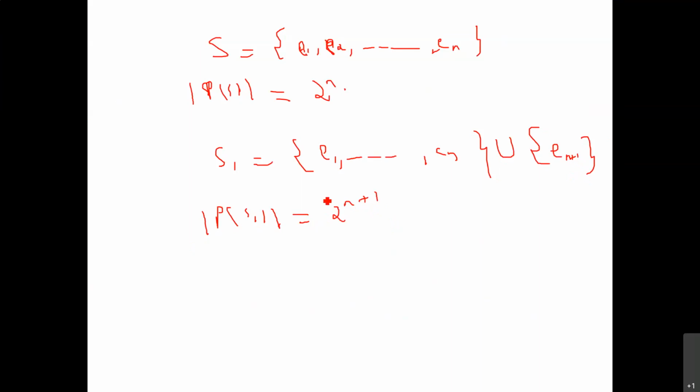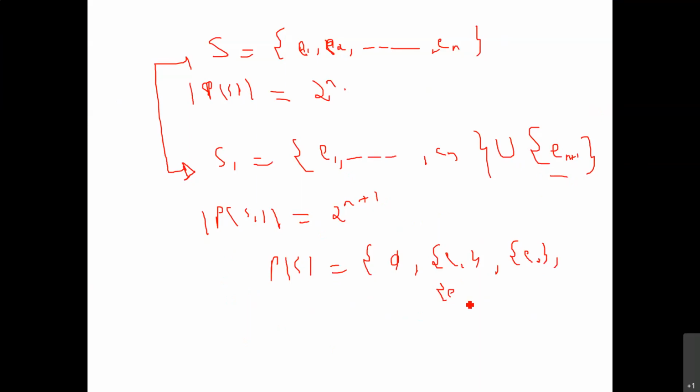Well, it's the same set, assuming, but the difference is you added a new element. So what are all the possibilities? It's as if you had P of S, all those possibilities: e1, e2, e1 and e2 somewhere, everything.